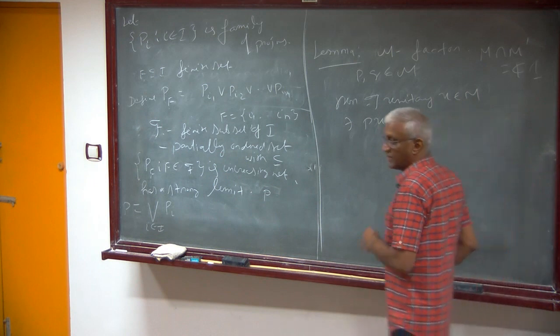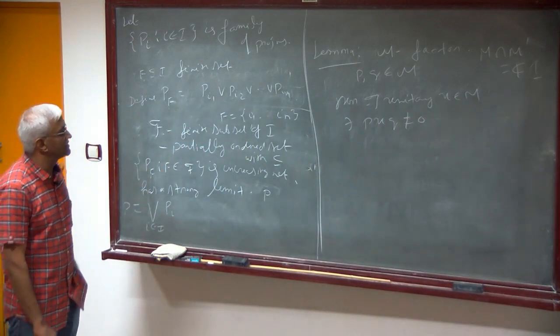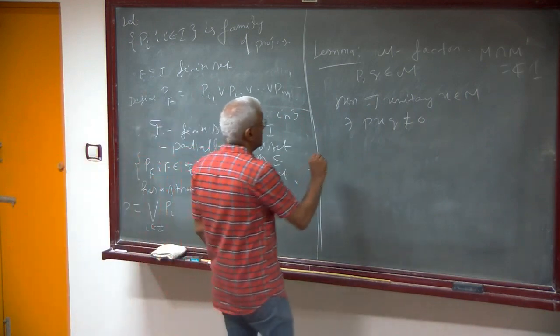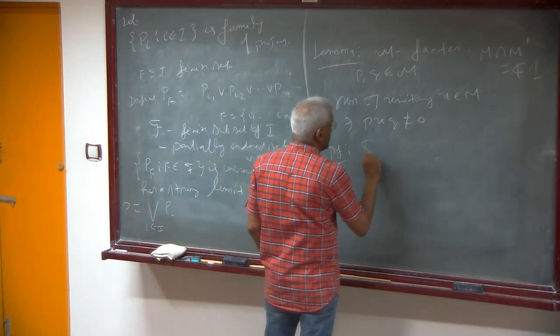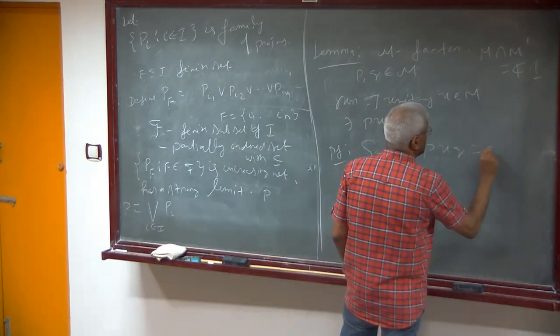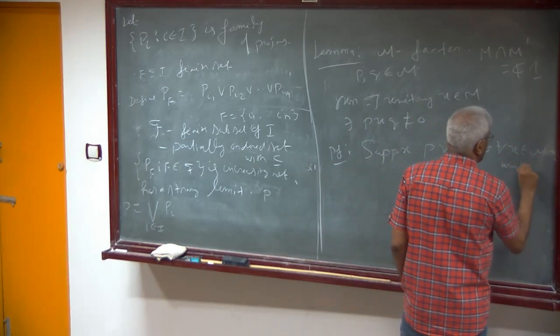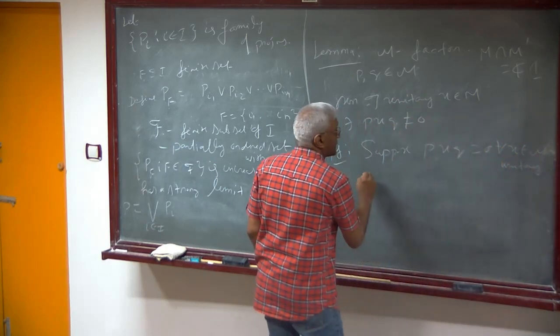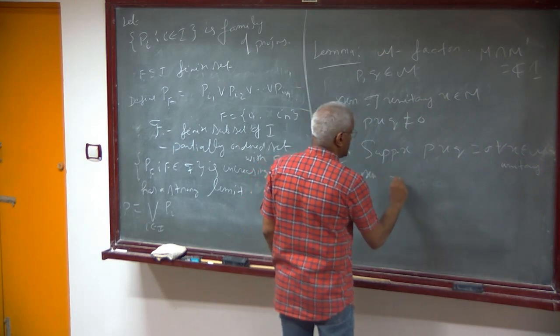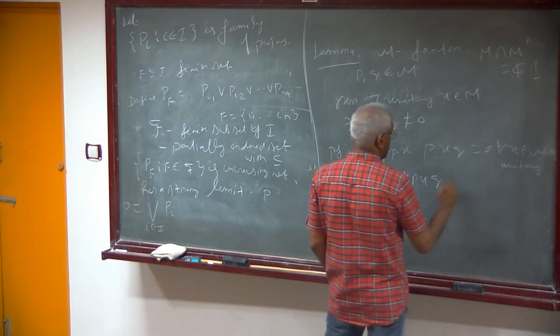For that, we use this lemma. If we have two nonzero projections, then there exists a unitary such that PUQ is not equal to 0. So we just have to produce one. Suppose PUQ equals 0 for all unitaries U in M. Then of course U*PU, applied to Q, is also equal to 0.